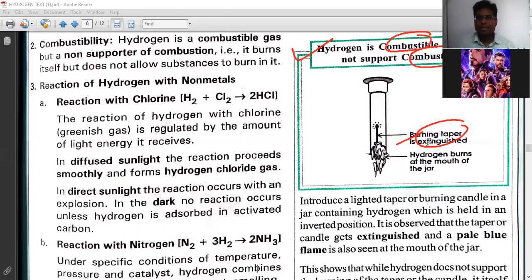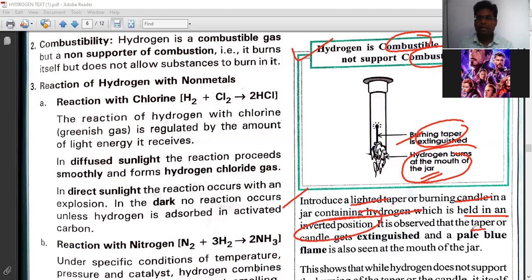Burning taper is extinguished, and hydrogen burns at the mouth of the jar. ठीक है, next point देखो. Introduce a lighted taper or burning candle in a jar containing hydrogen, which is held in an inverted position.